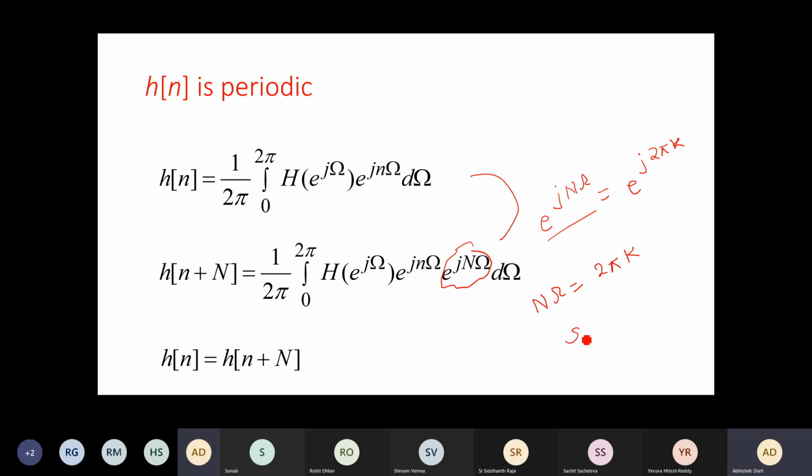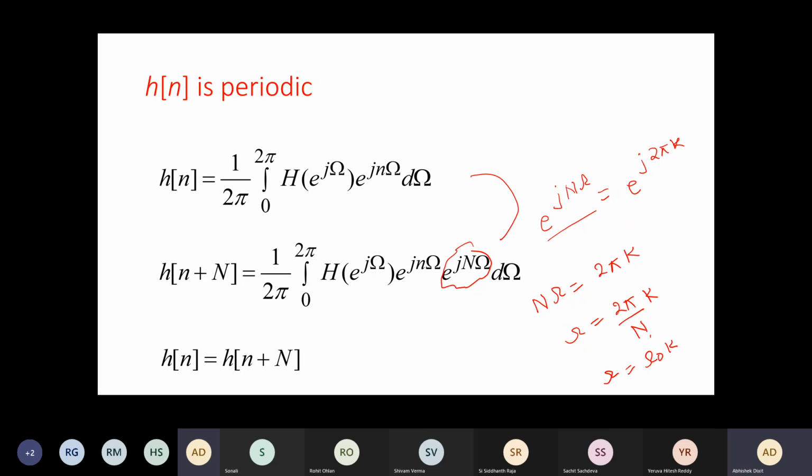That means omega is 2 pi by N times k. Let us treat 2 pi by N as a constant. If N is a constant, 2 pi by N is also a constant. So let me call this constant omega naught. That means omega is same as omega naught times k.